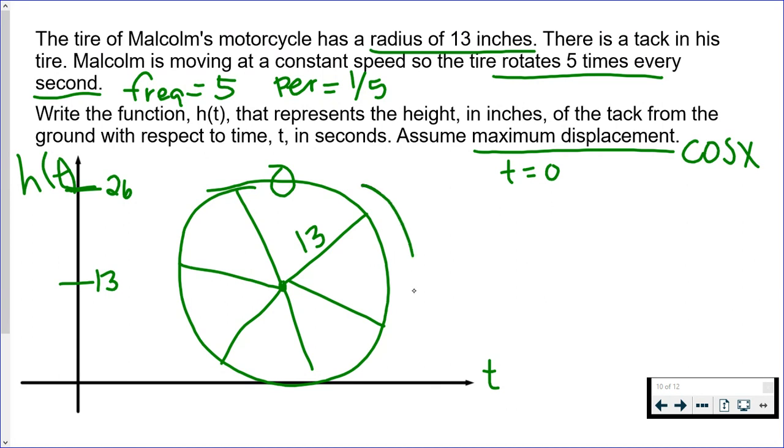Now, as this tire rotates, the tack's height is going to reach its maximum height of 26, or it's going to reach its minimum height of 0, which would be hitting the ground. Or it can be any height in between 0 and 26. But this tire is never going to leave the ground, and he's going to be going at a constant speed, so the tack's height is going to follow a periodic function.